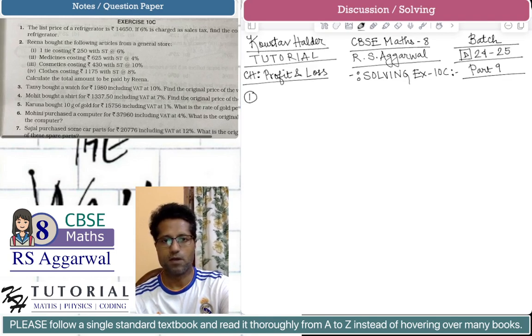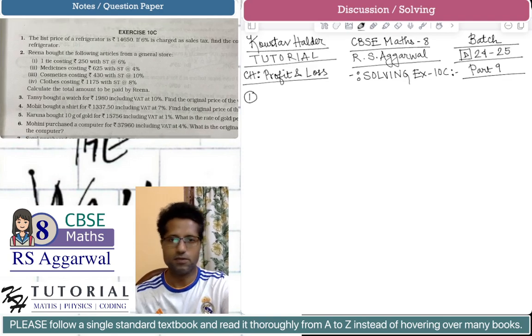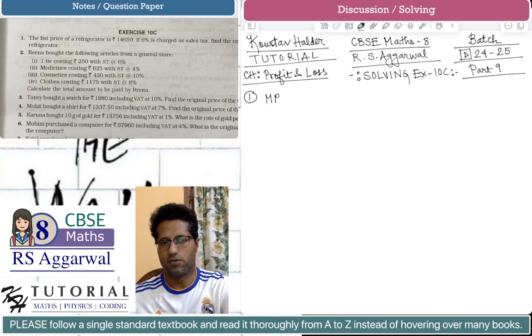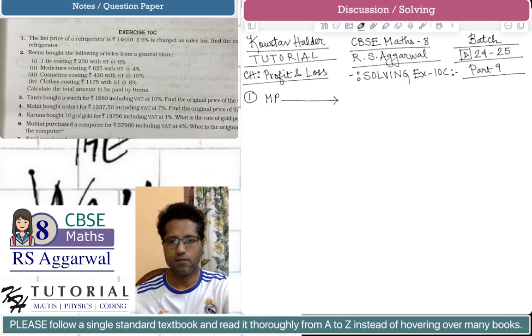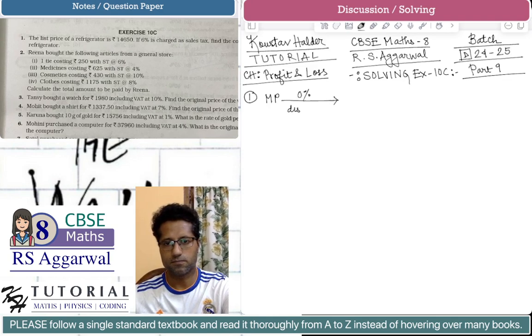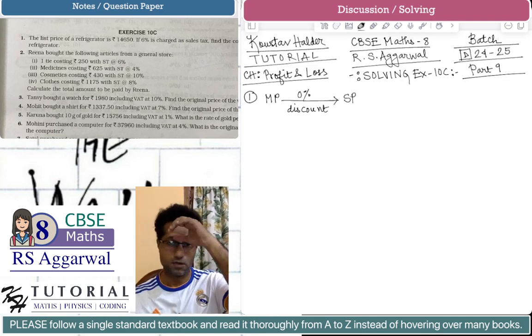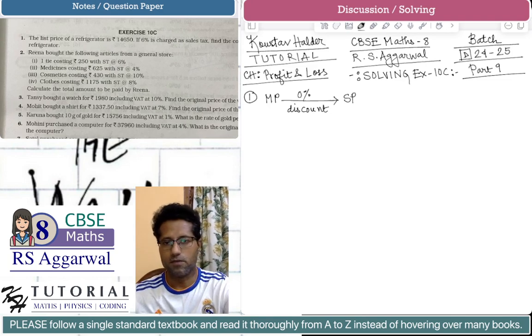Remember that. Okay, so what is the scenario? The scenario is the list price or the mark price. There is no discount. Usually, if you have a discount, we apply discount. So, there is 0% discount, and we have the selling price. Now, if there is 0% discount on the mark price, the selling price will be equal to the mark price.